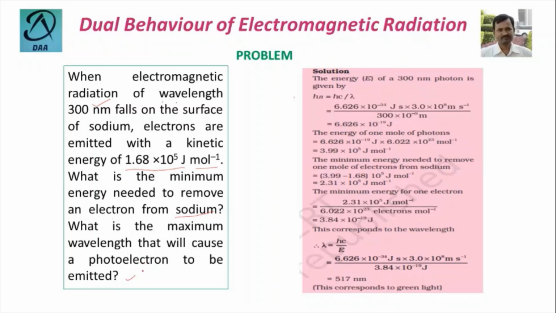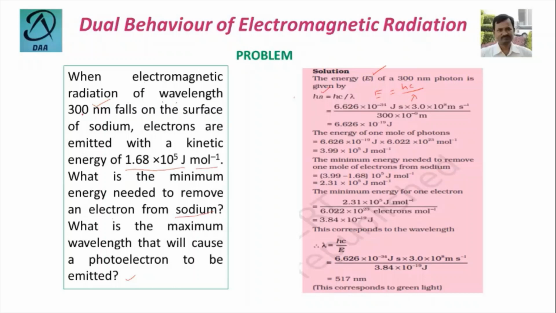So in this case, we know the basic equation E is equal to h nu, and when nu is equal to c by lambda, then E is equal to hc by lambda. C is the velocity of the light, h is the Planck constant, and lambda is the wavelength.